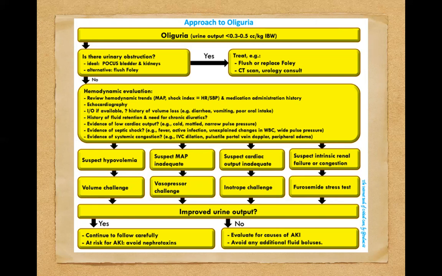Or if they have myocardial dysfunction, basically causing cardiogenic shock, you can try them with an inotrope. Or if you suspect that the disease is intrarenal, you can do the furosemide stress test, which I'll talk about now as well. So basically, that guides you, not just blandly throwing fluids at every AKI, because not all AKI is treated with fluids.